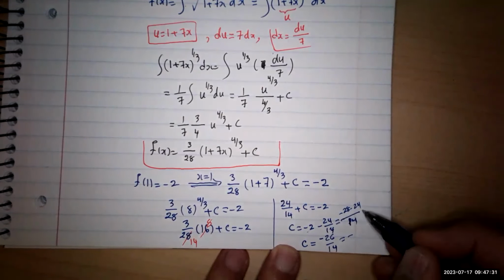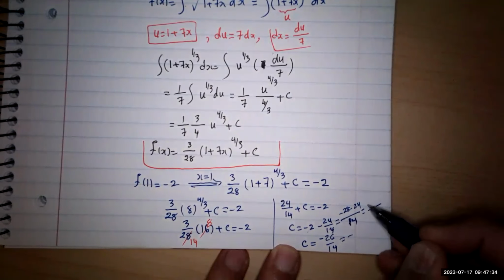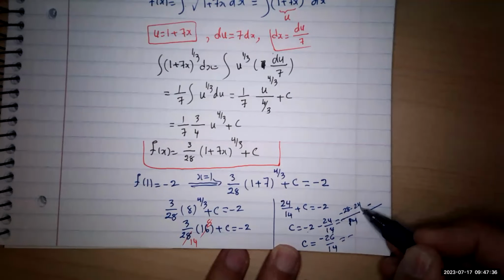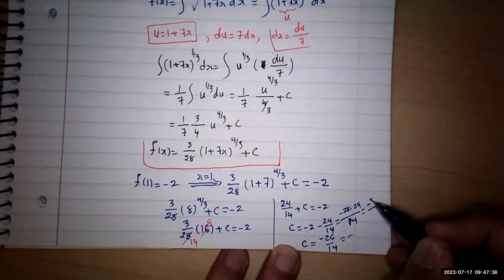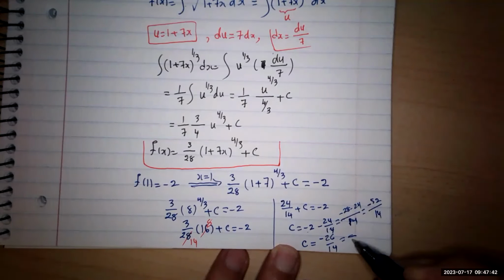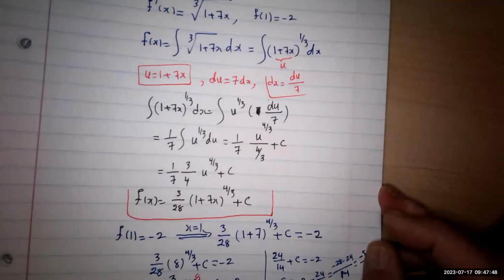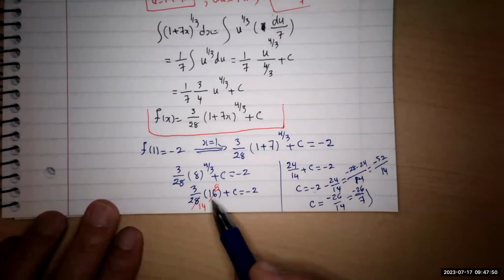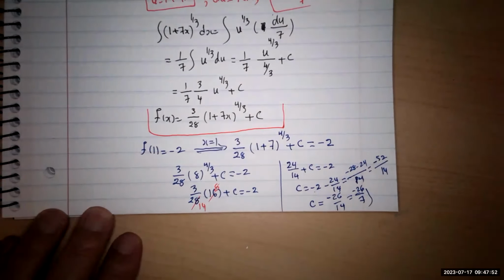So the final answer is going to be what? A negative 52 over 14, which is equal to -26 over 7. I think that's correct. I made a mess because I should simplify this one further, but it doesn't matter.